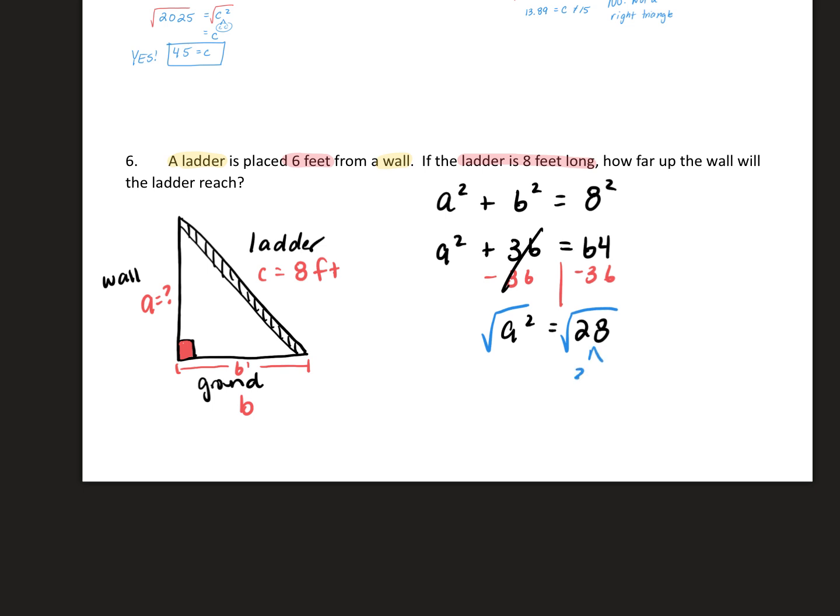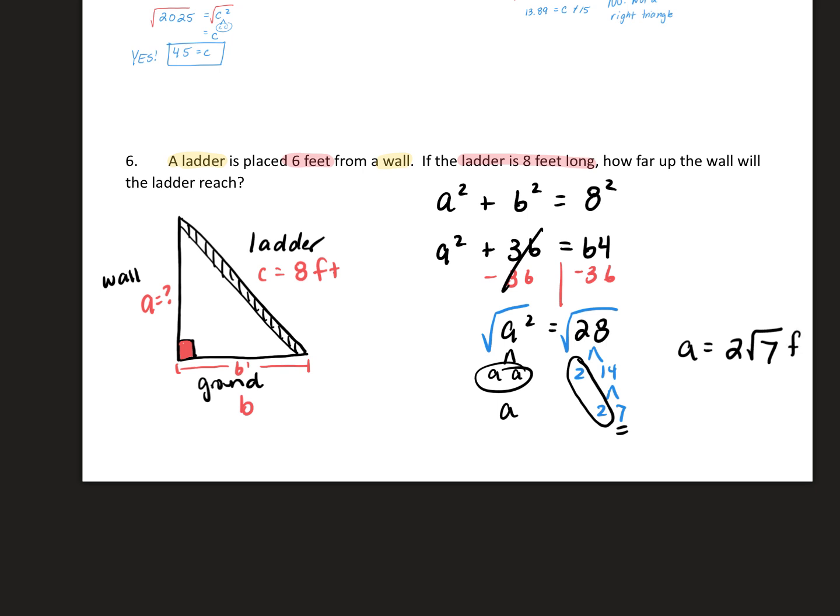This is going to be 2 and 14, 2 and 7. I have a pair right here. So I know that 2 goes on the outside and 7 is on the inside. This is my a and a, so I just get a. So a is equal to 2 square root 7.